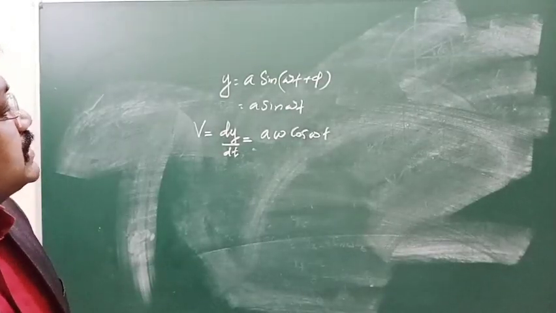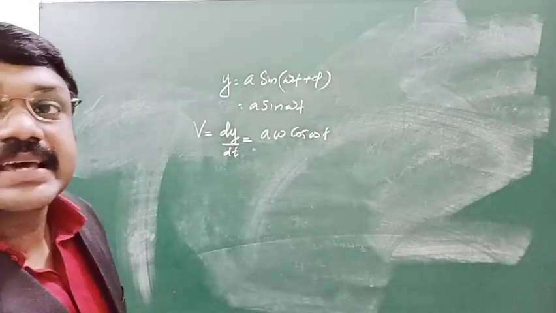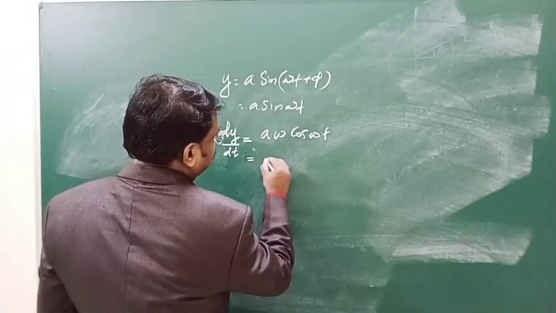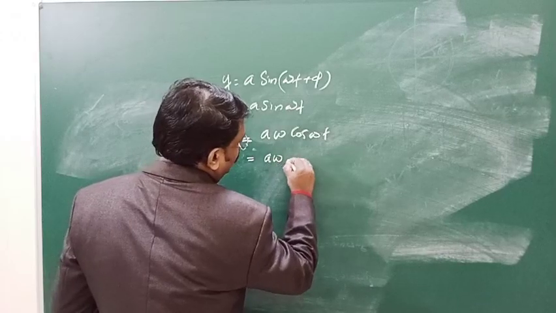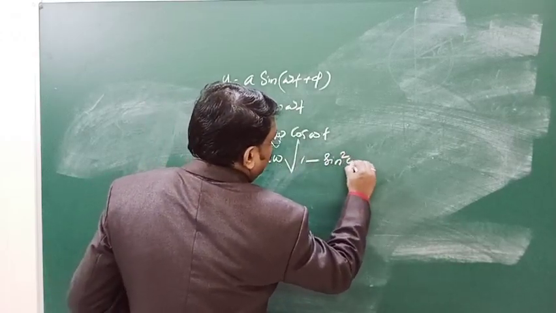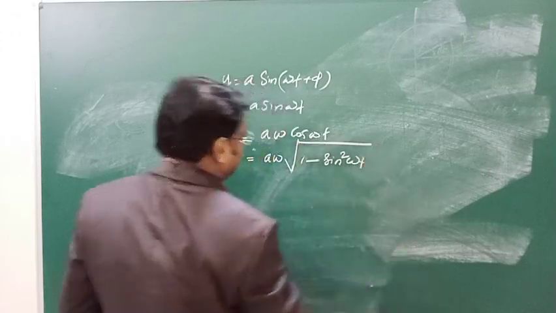And you know cos theta is equal to root of 1 minus sin square theta. So it is a omega into root of 1 minus sin square omega t.